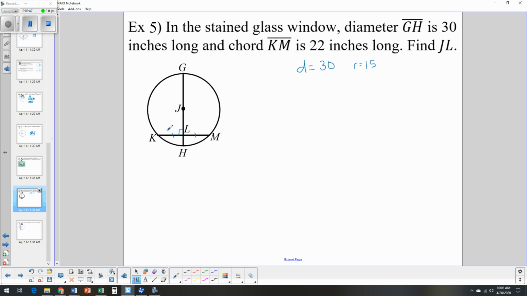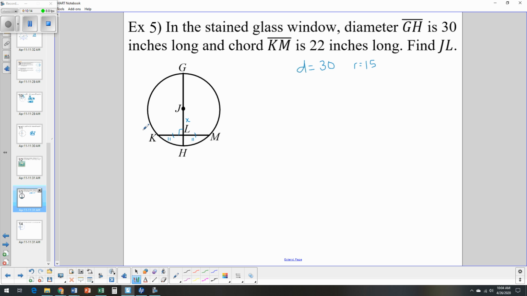So if they're the same, each one is 11. We are really looking for JL. So what I'm going to do is, because I do know the radius, JH is 15, that's not really going to help me because I don't know how much JL is of JH. But I do know every single radius in this picture would be 15.